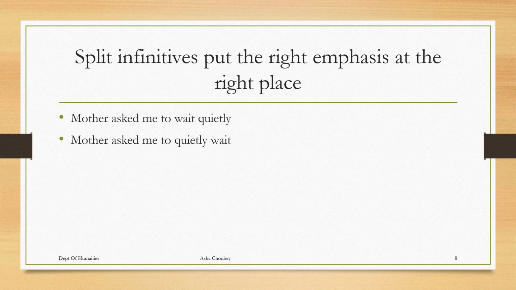That means there is an adverb, but the adverb, as it comes in traditional grammar, comes at the fag end of the sentence. But when I say, Mother asked me to quietly wait, I split the infinitive 'to wait' and insert the adverb in there. So this is the split infinitive form.